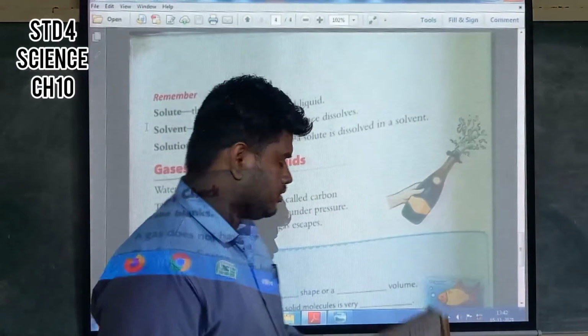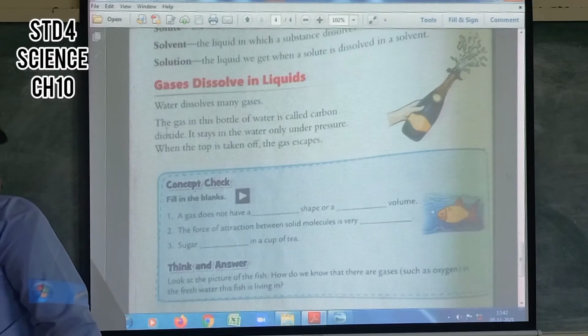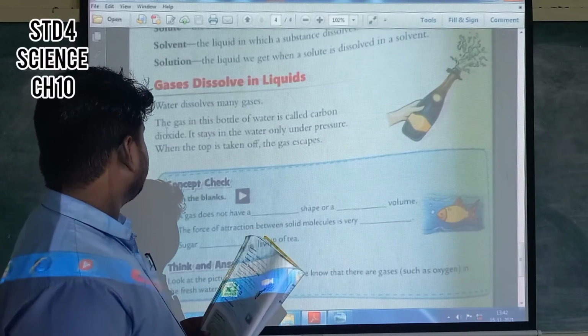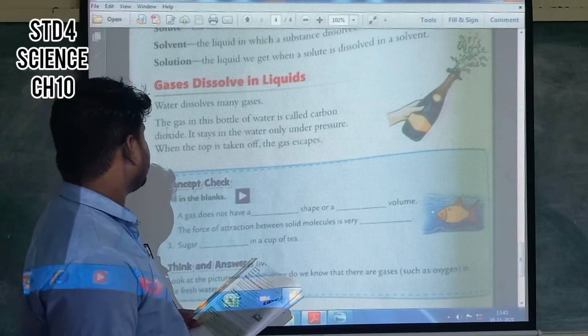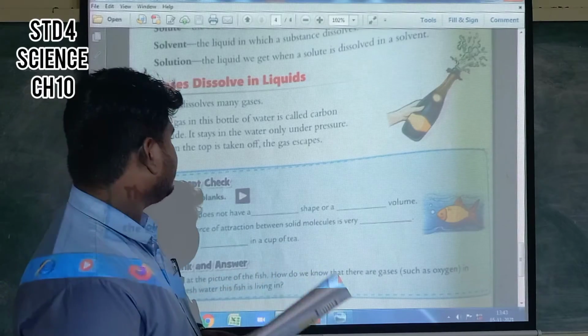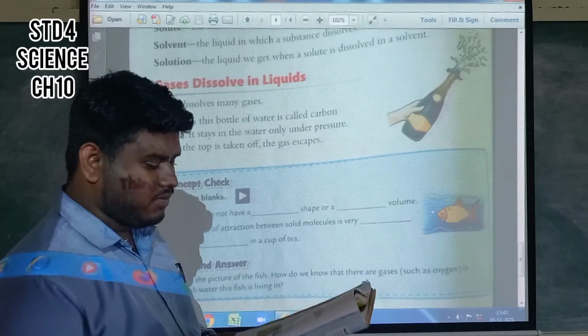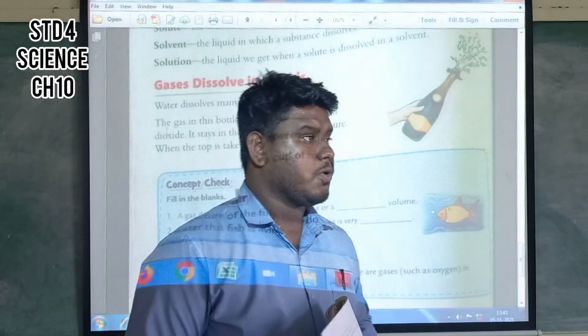Then gases also dissolve in liquids. Water dissolves many gases. The gas in the bottle is carbon dioxide and it stays in the water only under pressure. When the top is taken off, the gas escapes.